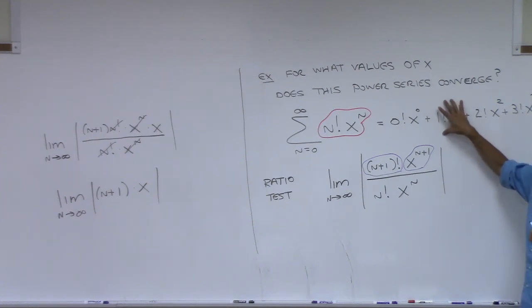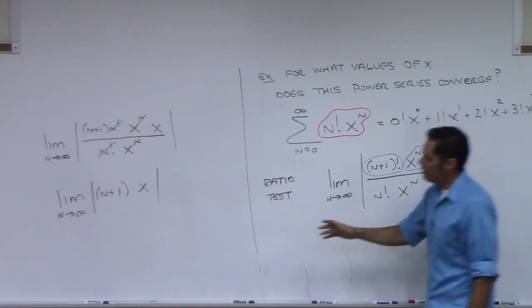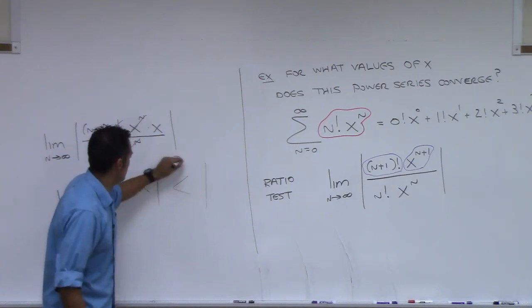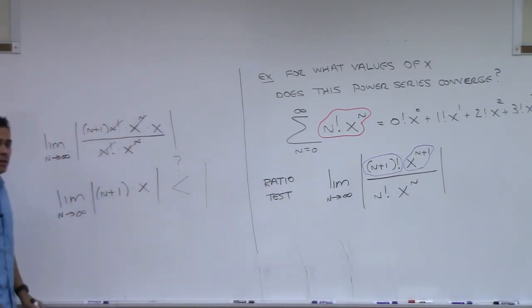All we can control is x, right? It's like we're trying to figure out what the domain of this thing is. What x is going to make this thing not go crazy? And if you look at this limit, the only way to keep this less than 1, because that's what the ratio test requires, is to do what? We only have control over x.